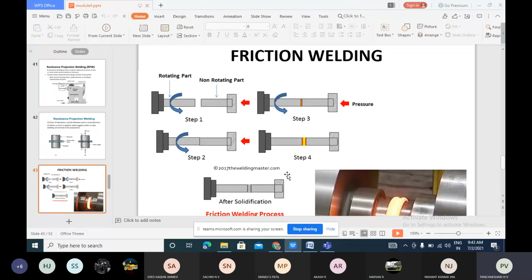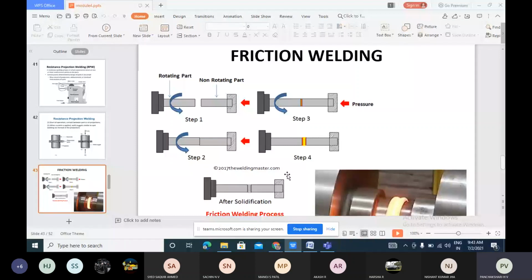What is friction welding? Friction welding means the welding of two parts end to end. It is also called a butt joint. Last class I explained about the butt joint, which is nothing but joining of one end of the metal part to the other end of the metal. Today we have discussed the joints: resistance spot welding, projection welding, seam welding.